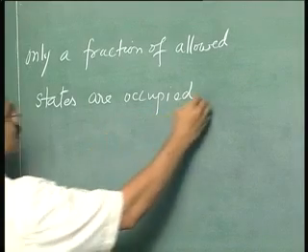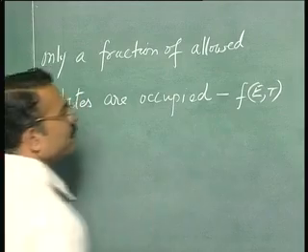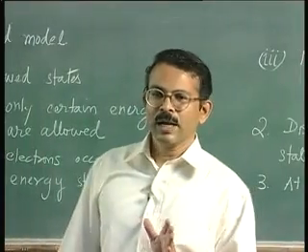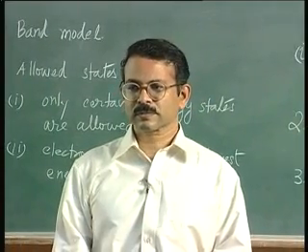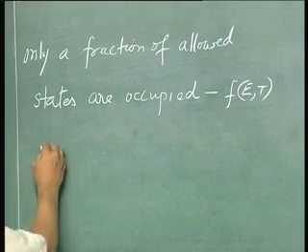And this fraction is written as f of E comma T. This fraction is a function of the energy and a function of temperature. This is normally called the Fermi-Dirac function.